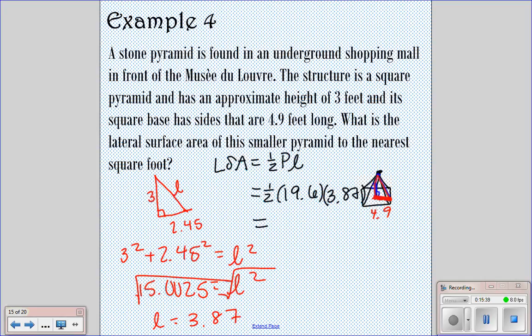And you should get, if you round it to the nearest square foot, 38 feet squared. It says round to the nearest square foot, so that's what you would round it to. Okay? I have 37.96 in my calculator, so that's why I rounded it to 38.